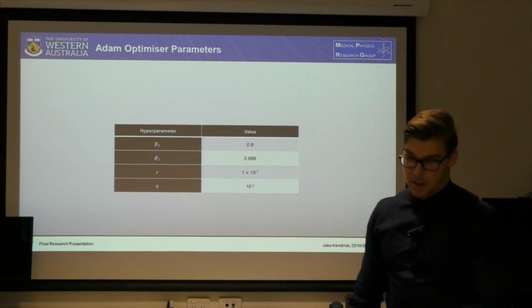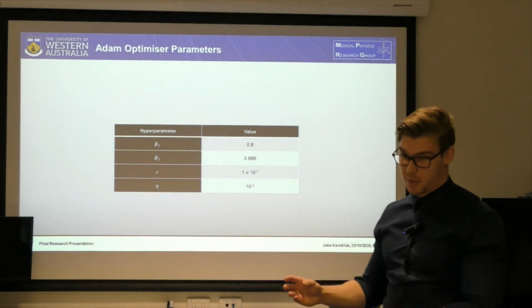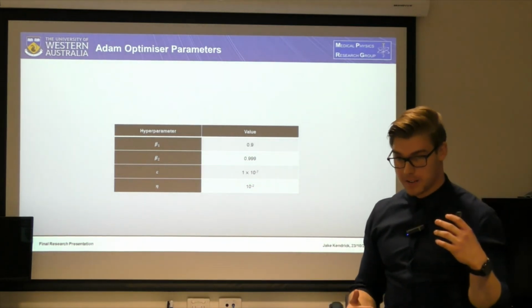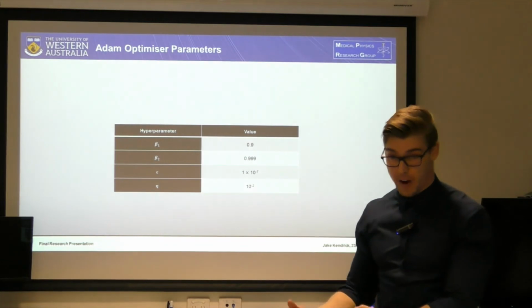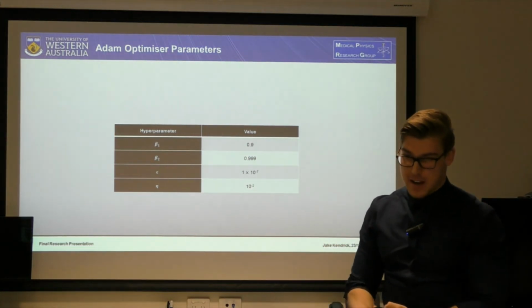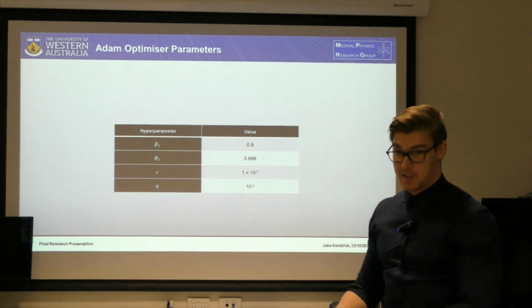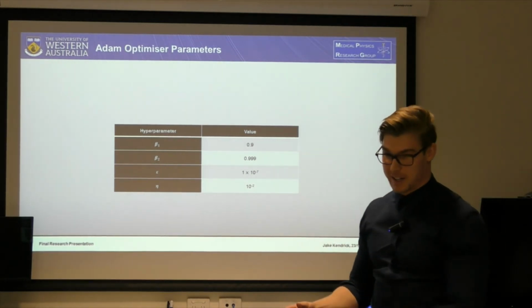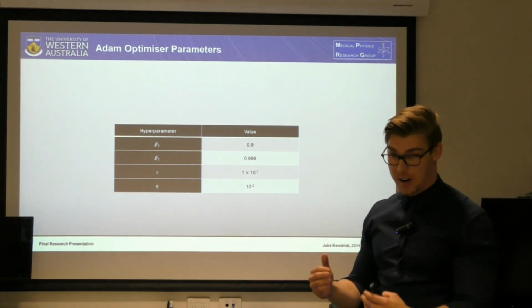Well, the dice loss function is the standard for training on data sets which have a significant class imbalance. What that means is there's an overwhelming preponderance of background pixels and a very tiny number of foreground pixels. The dice loss function doesn't take into account true negatives, so it's able to more effectively train the model when you have large class imbalances.